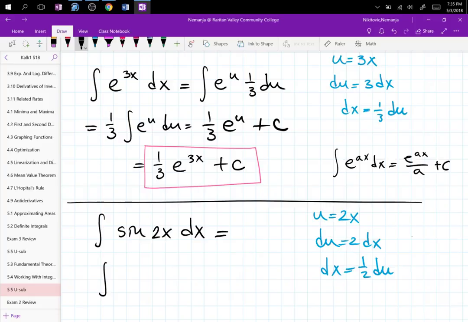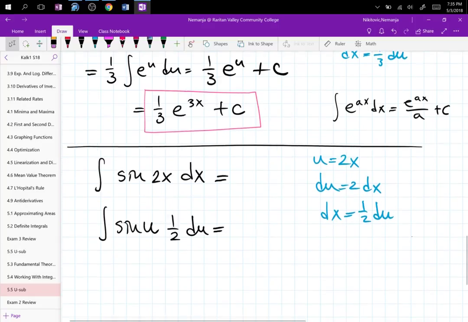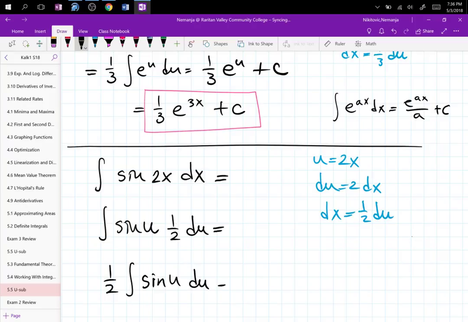So we have sine, and instead of 2x we have u, and then instead of dx we have 1/2 du, which is 1/2 integral of sine u du. What's the integral of sine? Very good.